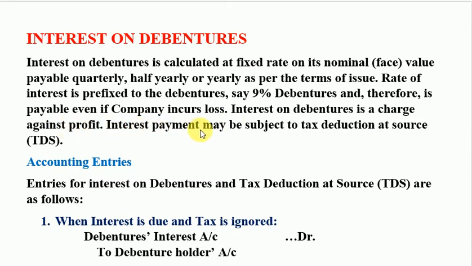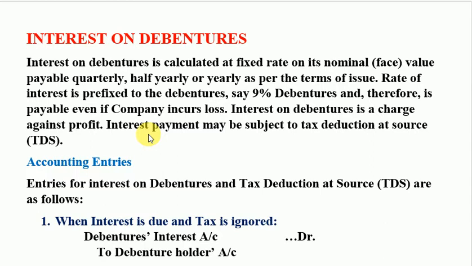Interest payable may be subject to tax deduction at source. Whenever the company pays the amount of interest, there may be situations where the company will deduct a certain portion of tax from the interest of debenture holders.